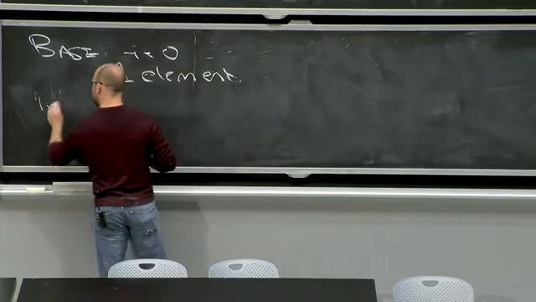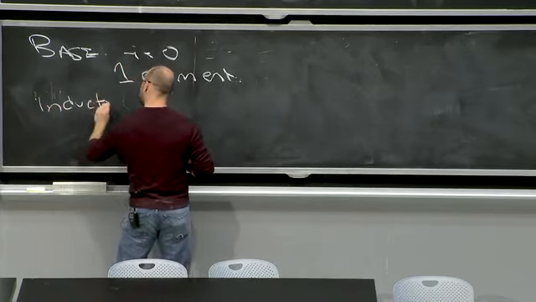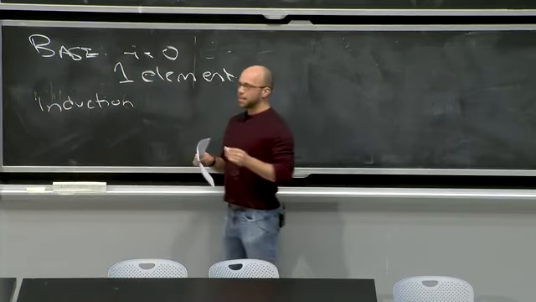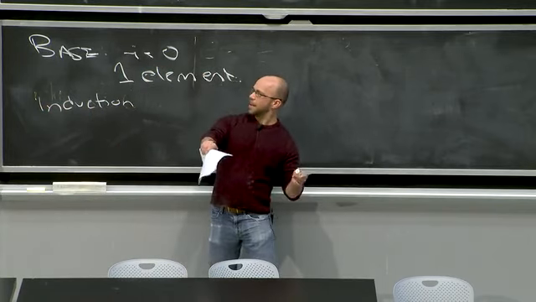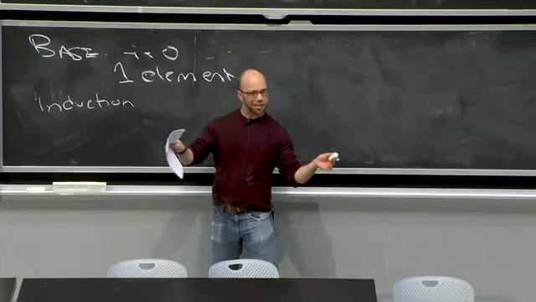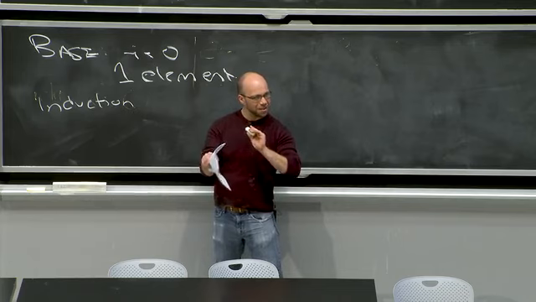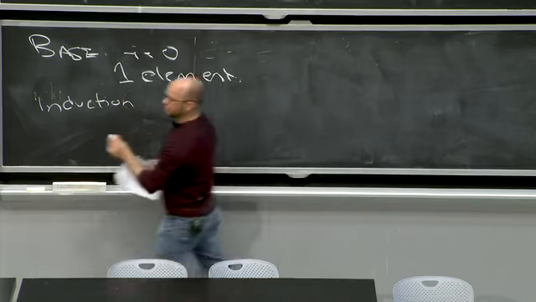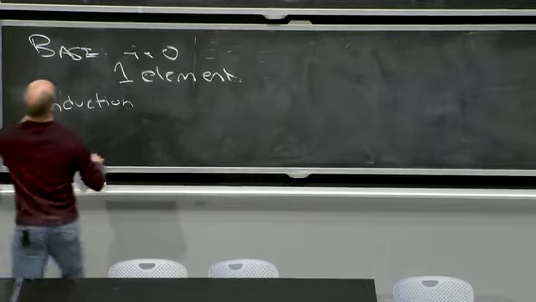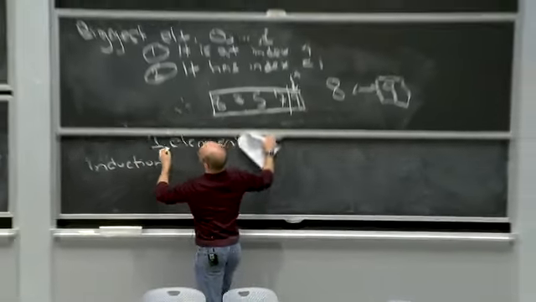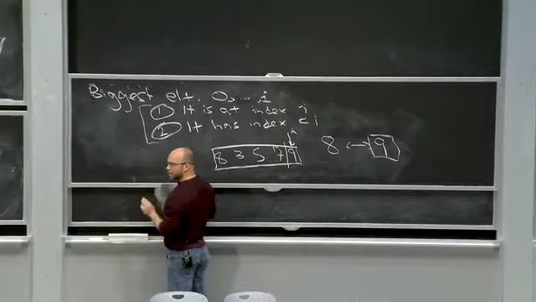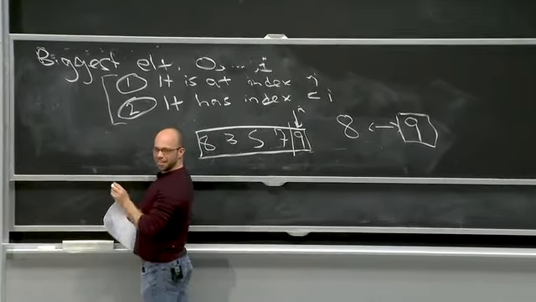And now we have to do our inductive step, which means that if I call prefix max with I minus 1, I really do get the max of my array between 0 and index I minus 1. And then really, I can just look at my very deep statement, which is that either my object is at the end of the array or it's not.